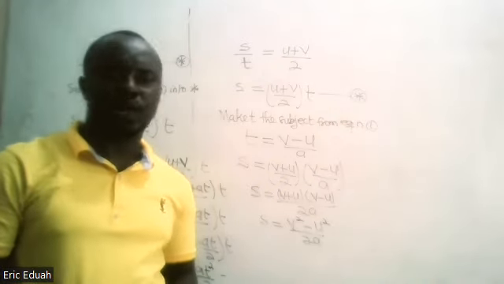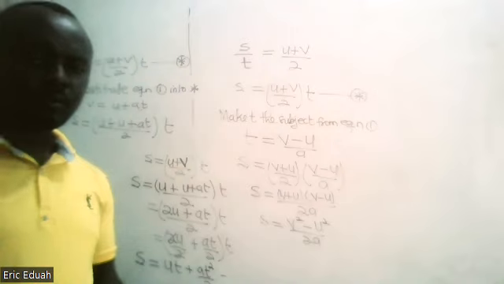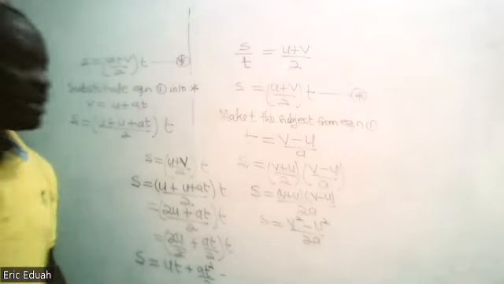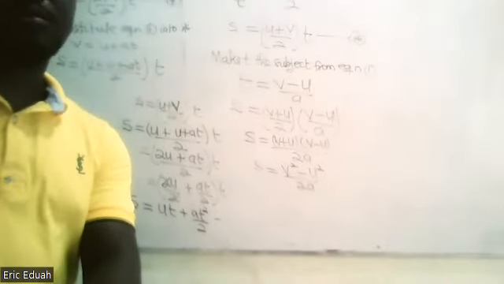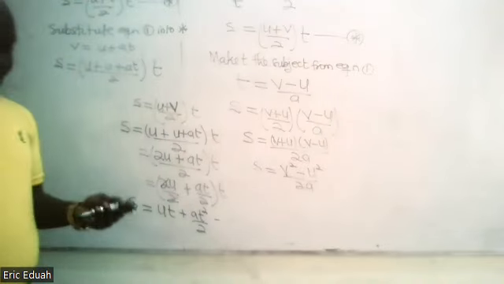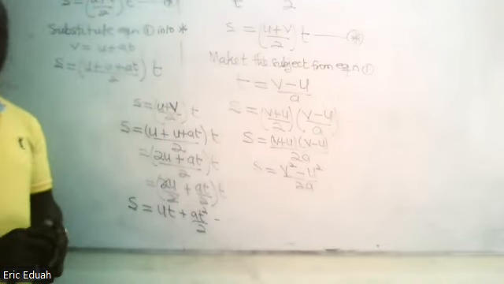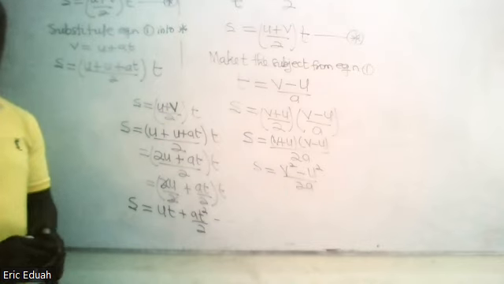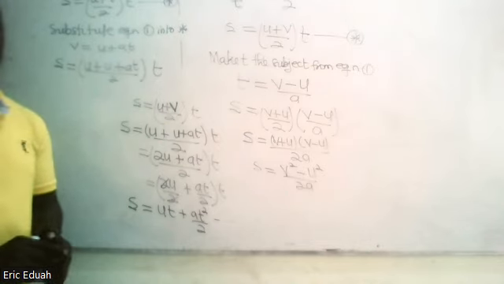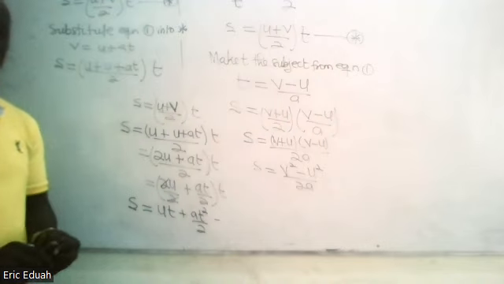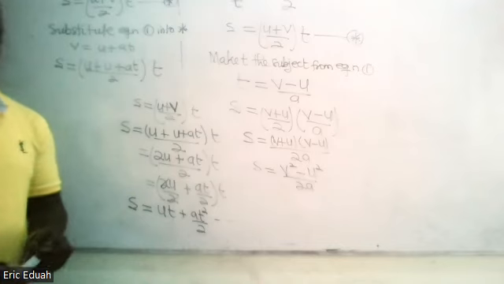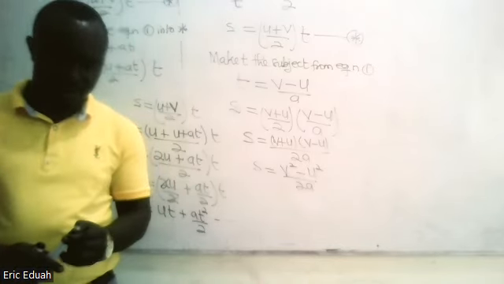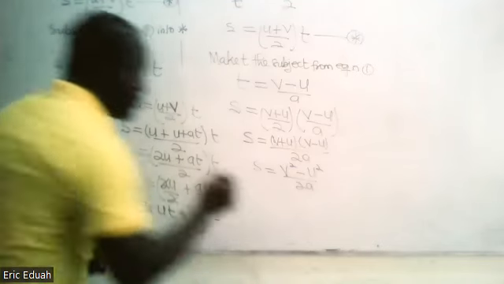Now help me make V squared the subject. If you are ready, you tell us. 2AS plus U squared.